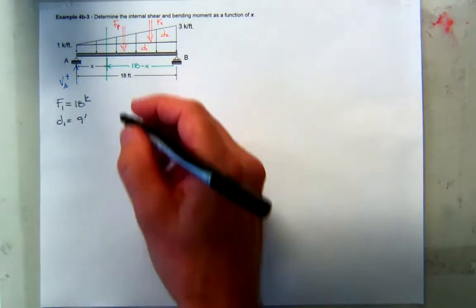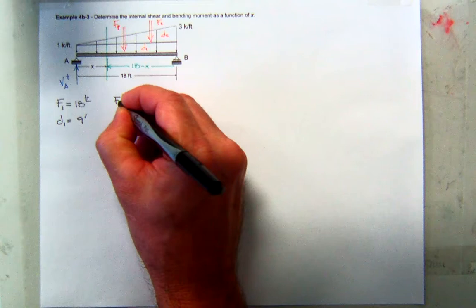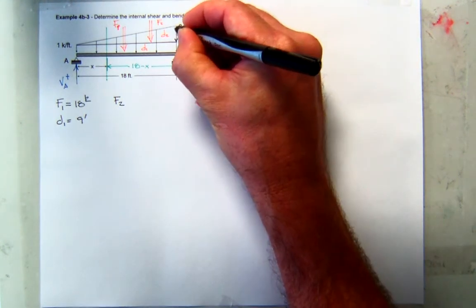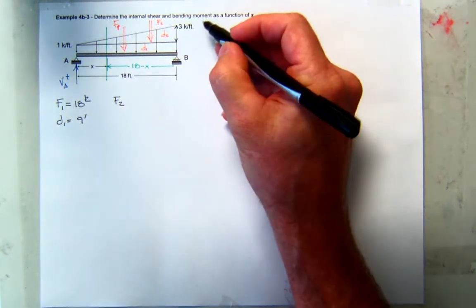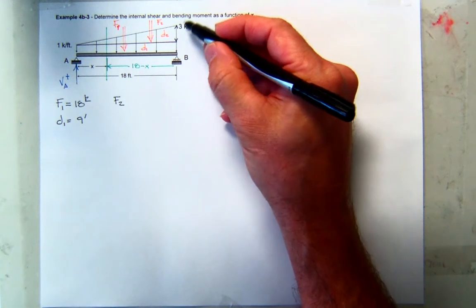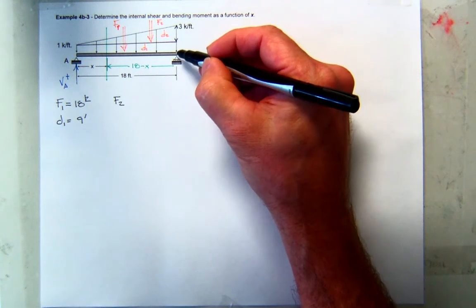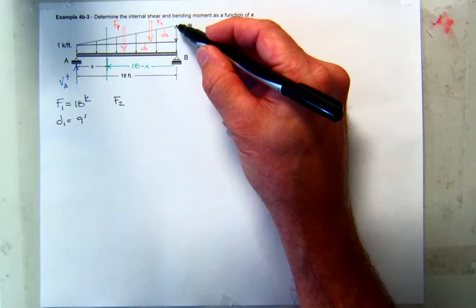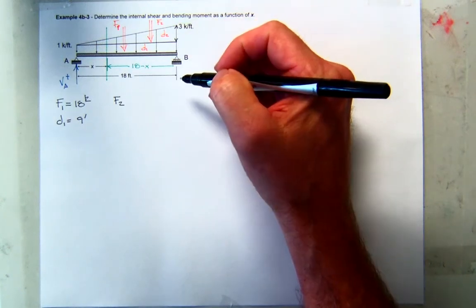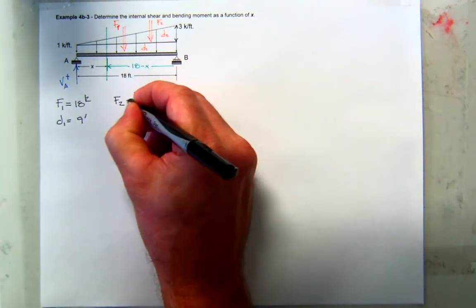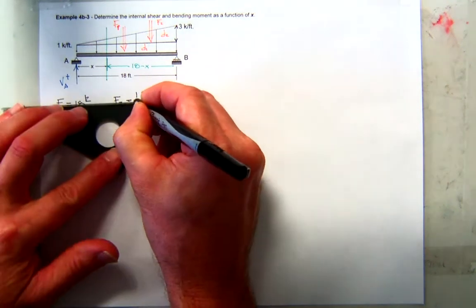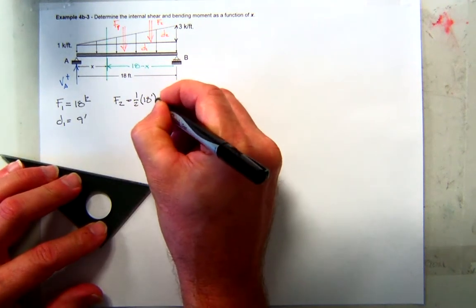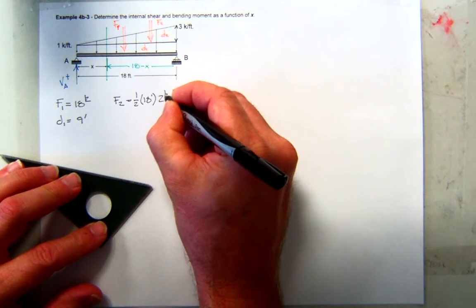Now this is the one some people have a little trouble with. What's F2? Well, I only want this height for my triangle. And that's not 3, is it? 3 is the total height. I know this part here is 1. The total is 3, so this height is 2. So F2 is going to be 1/2 the base, which is 18 feet, times the height, which is 2 kips per foot.